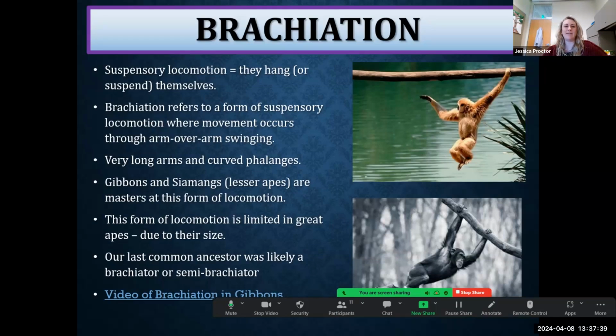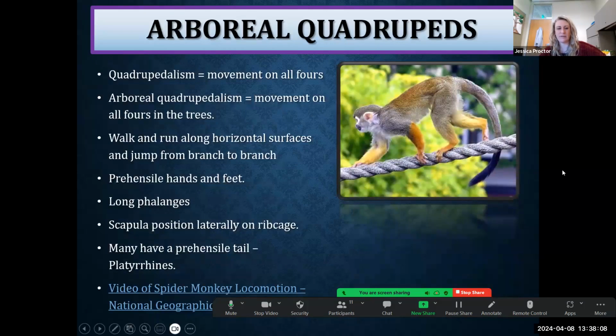So the gibbons and the siamangs are master brachiators, whereas the great apes can locomote using brachiation, but it is somewhat limited because their body size is so much larger. When apes are locomoting in the trees, they are usually using what we call semi-brachiation. All right, so let's watch a video of a gibbon using brachiation.